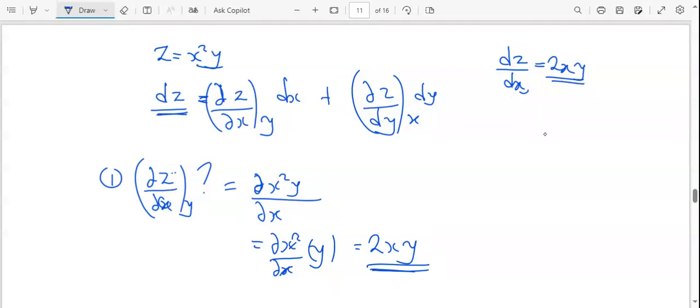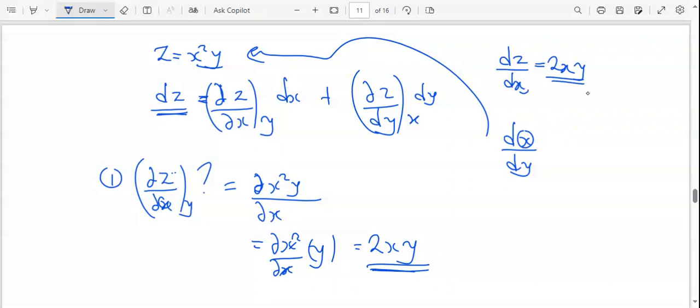Okay, so I can tell you again to say find now dx dy, all right, of this function. So in this case, you can see x is there, so meaning you need to make x the subject of the formula. So you say z is equal to what? X squared y. Then from there, you make x the subject of the formula. All right, so z over y, then you take the square root.